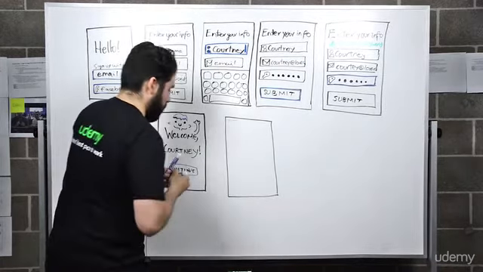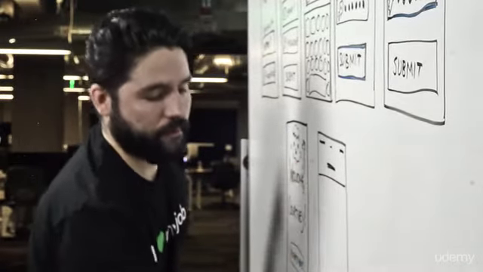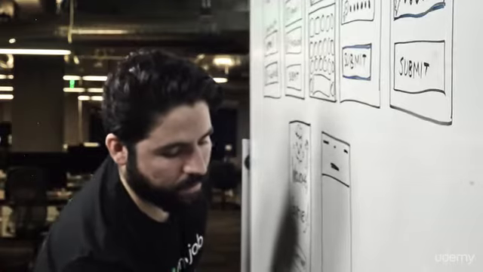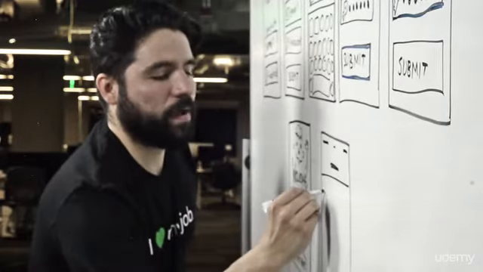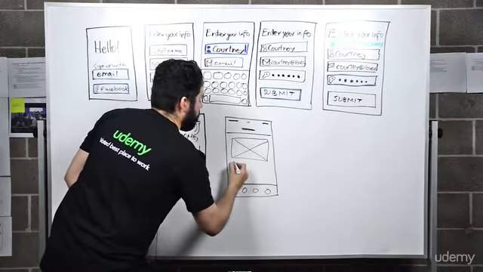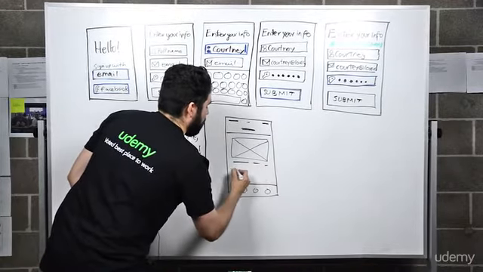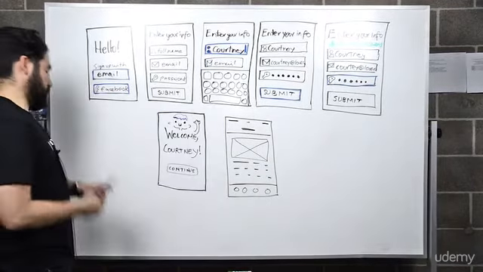So your controls here, and then this is just the wireframe. Your tab navigation, and then you have an image here. It's pretty cool. You have some text. This is your content screen.